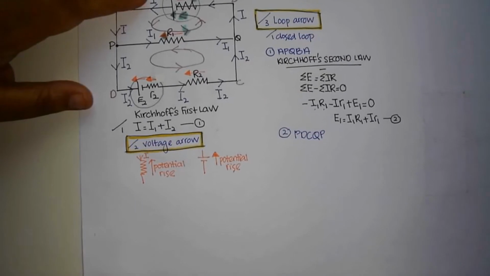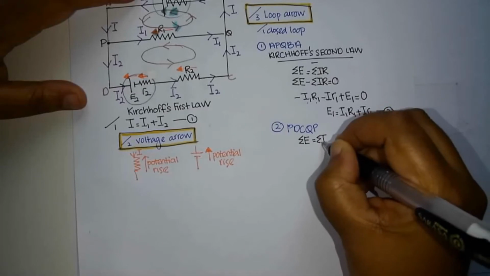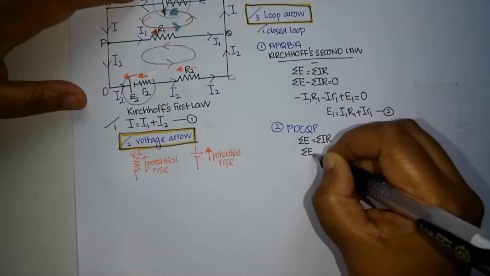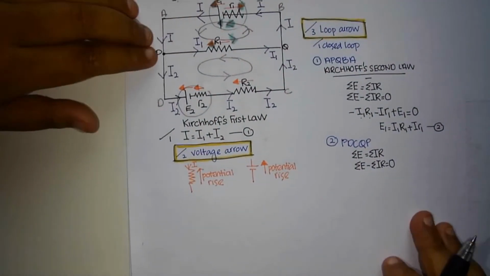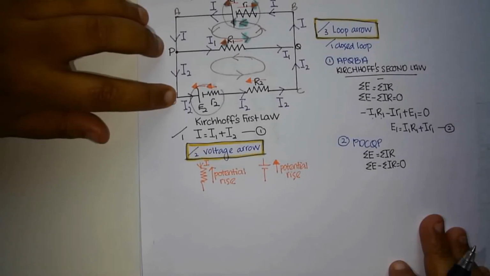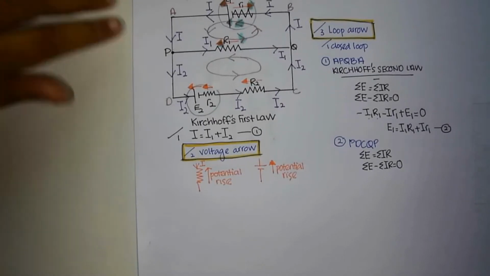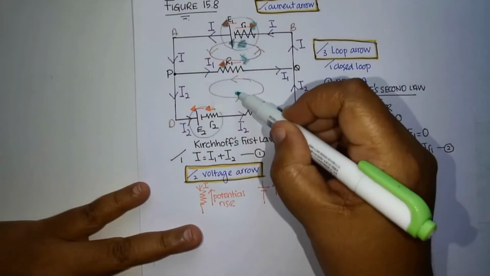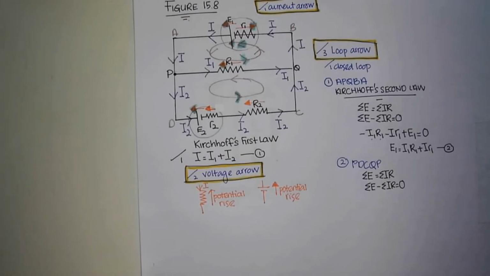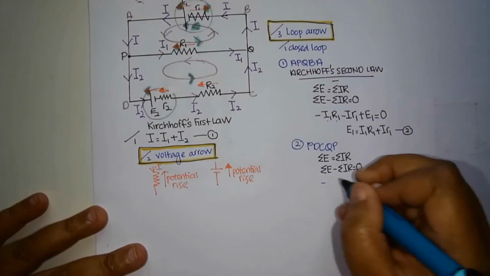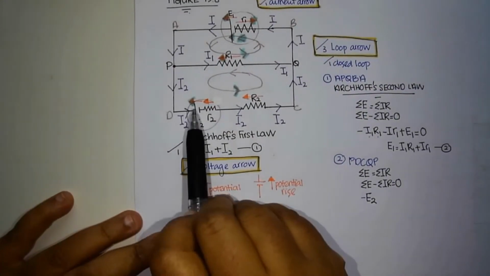Then I apply Kirchhoff's second law again, where total E minus total IR is equal to 0. Now let's do this together. I follow here, I follow here, I follow here. Okay, then what happens? The loop arrow and the voltage arrow are opposite, so it will be negative E2. Then I follow here.